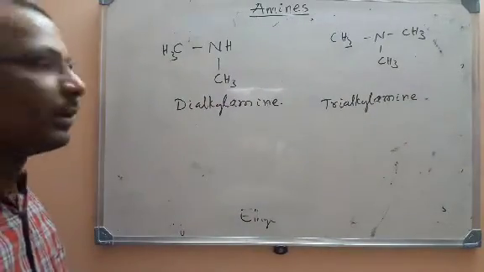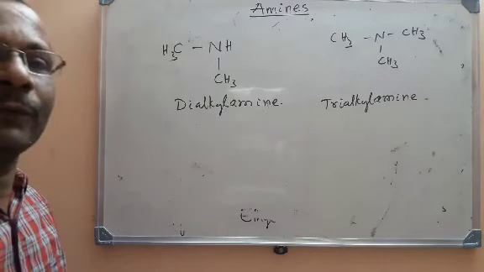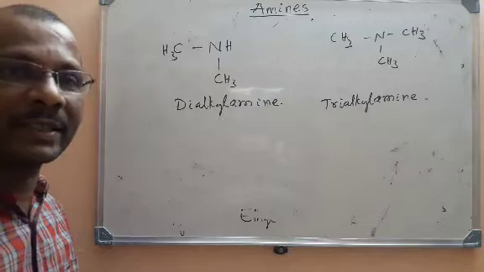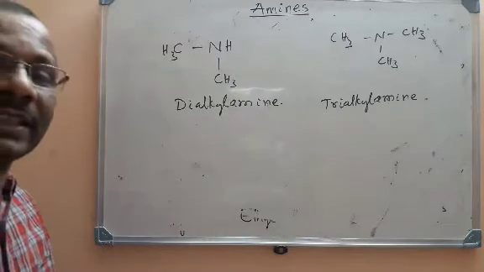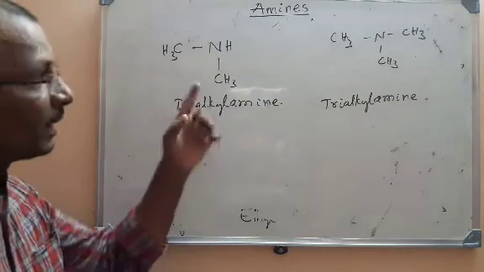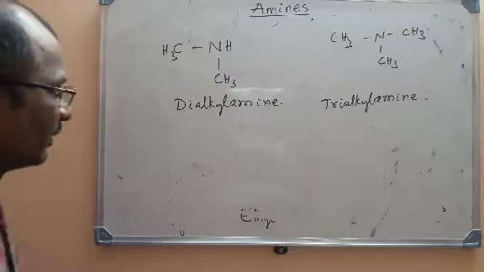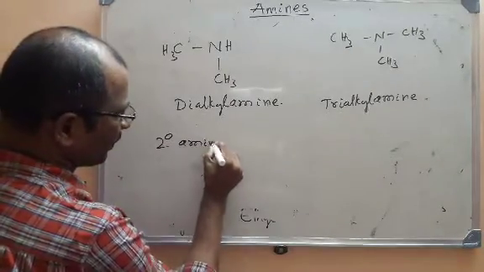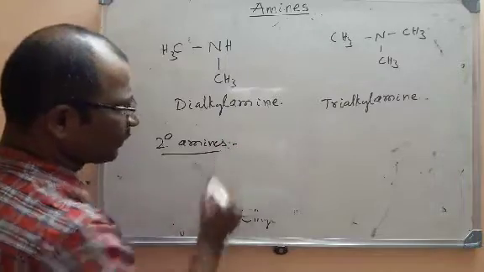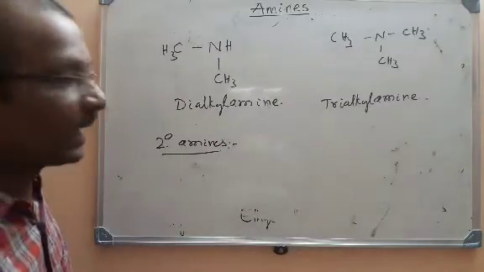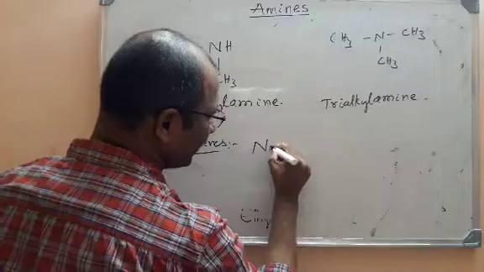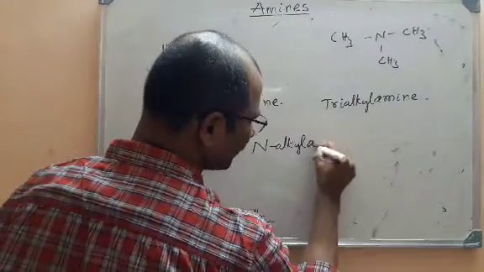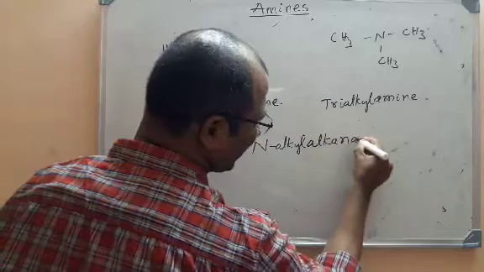But we use a different technique while giving the IUPAC name for secondary and tertiary amines. Let us see what this is. If you go for the secondary amines, we write those secondary amines as N-alkyl alkanamine.